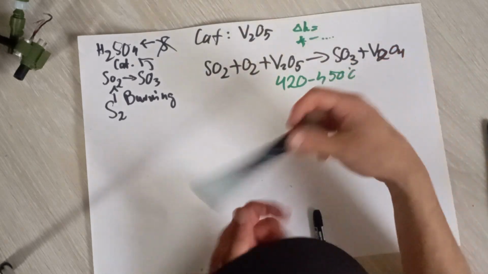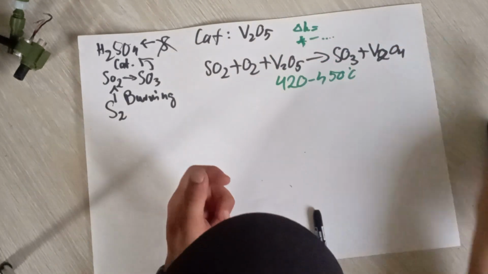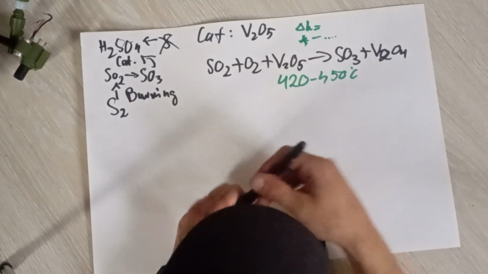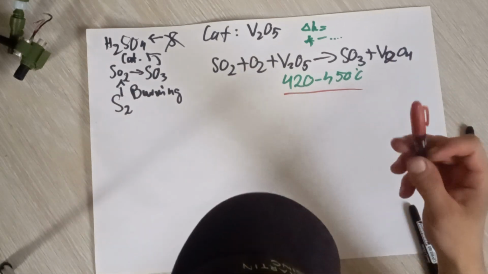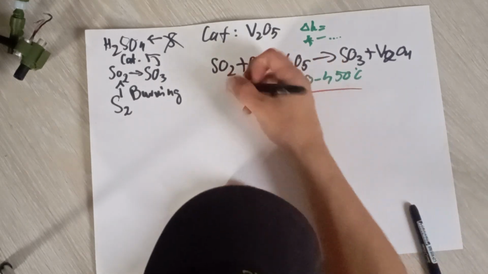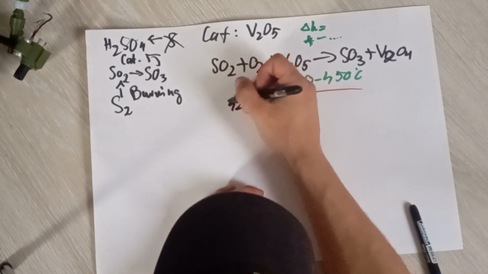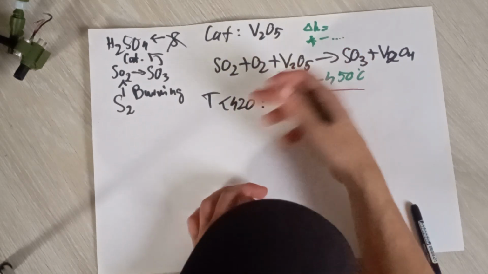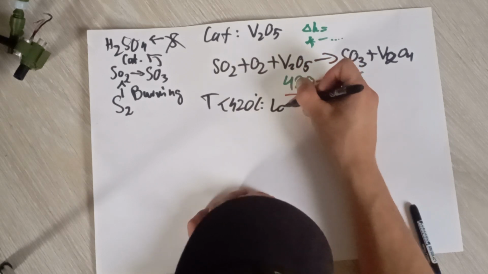This is the delta H here, and I don't remember the exact number, but what is important here is this 420, 450 degrees Celsius, the optimal temperature range, because if we are lower than 420, we basically have a low conversion.